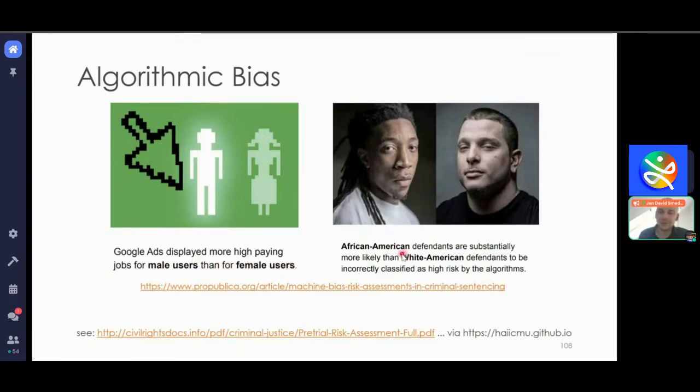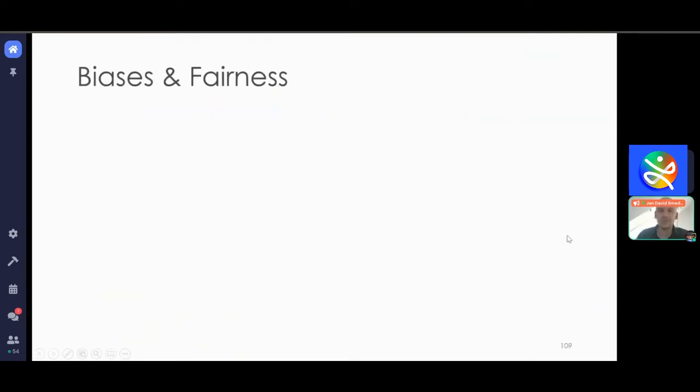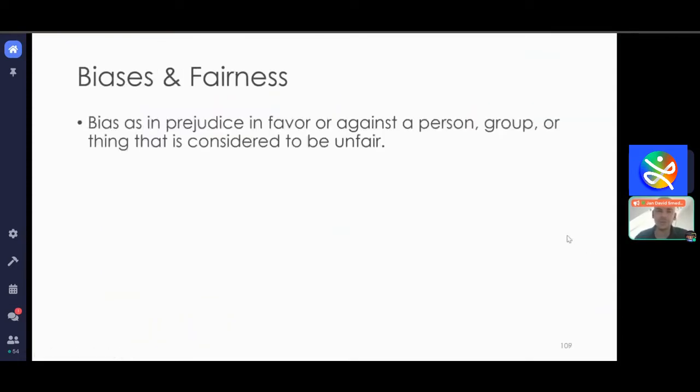In another example, a system predicting how likely somebody would be to be reincarcerated after release, which is highly problematic to begin with, was substantially more likely for African American defendants than for white American defendants to incorrectly classify them as high risk for reincarceration. There are some links to follow up on this material if you're interested. I think it clearly shows the issues.